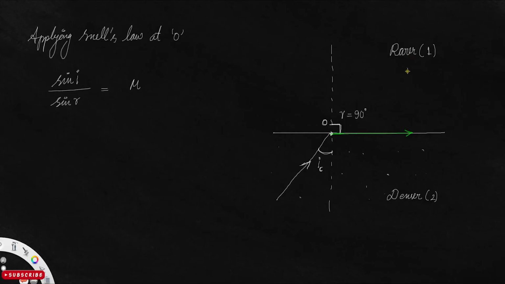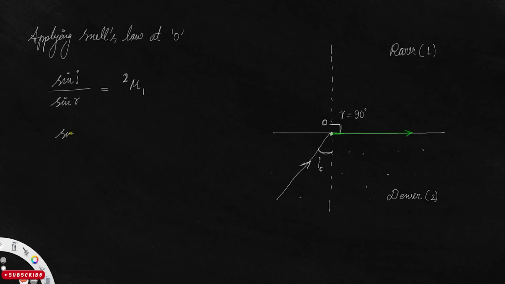Since the ray is traveling from the denser to rarer medium, that is from medium 2 to medium 1, we can take the refractive index as the refractive index of the first medium with respect to the second medium. Clear?